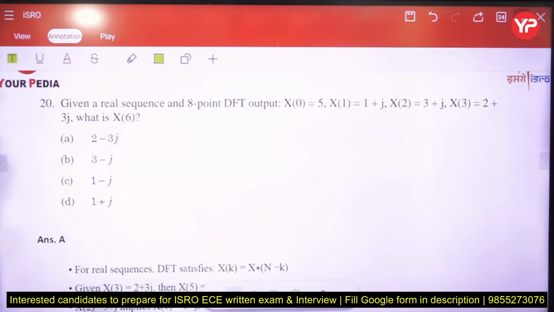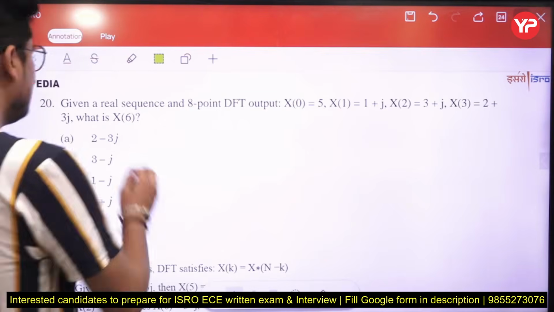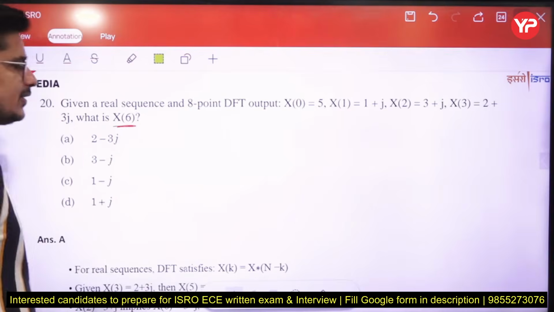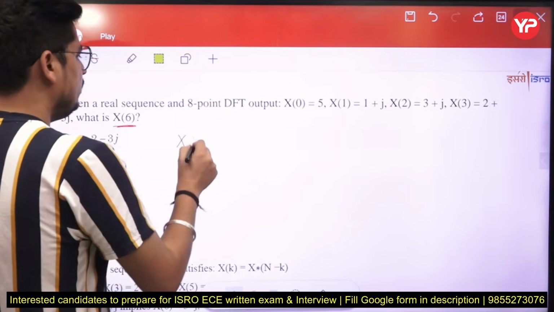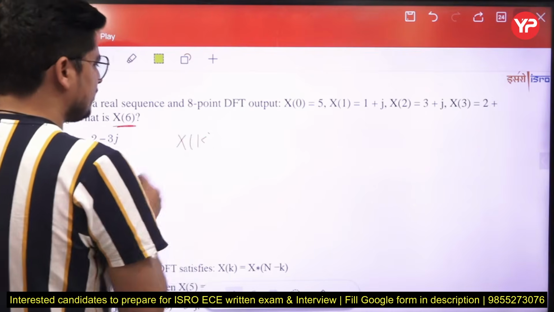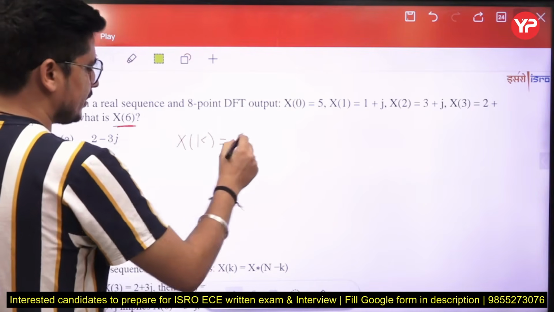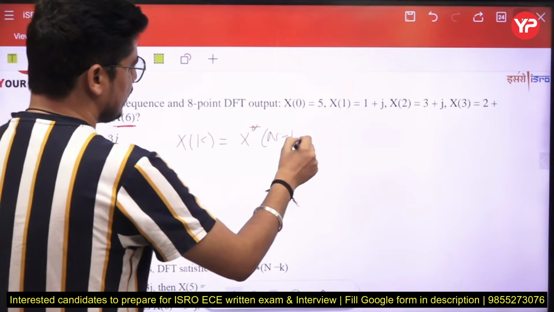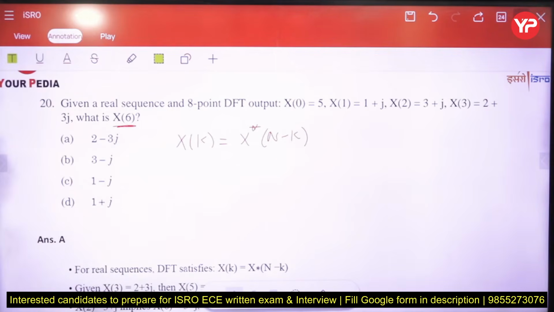A real sequence 8-point DTFT is given to you. He is asking, see, some values are given to you and one value he is asking. So for a real sequence, X of k is equal to X star of N minus k. That means complex conjugate of the N minus k value.